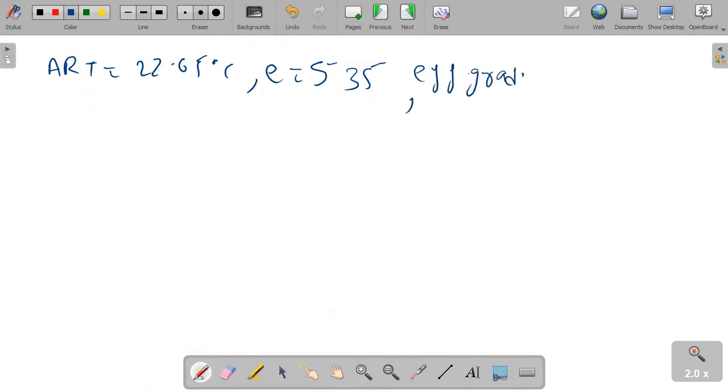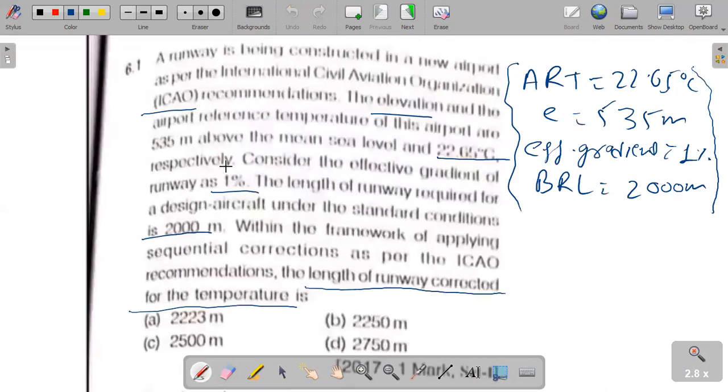This is given in the question, and we need to find the length of runway corrected for the temperature.